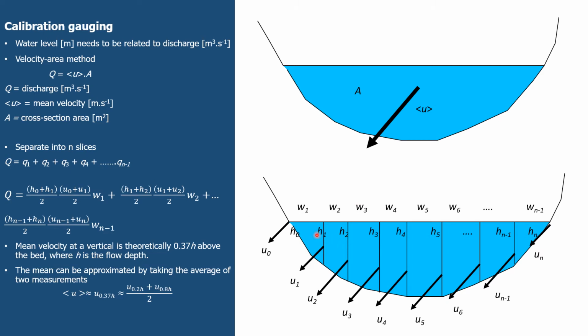And we can measure the discharge in each one of these slices and then add up the discharges to get the total. So that Q total is equal to Q1 from slice 1 plus Q2, all of the way through to Qn minus 1 at the end here.